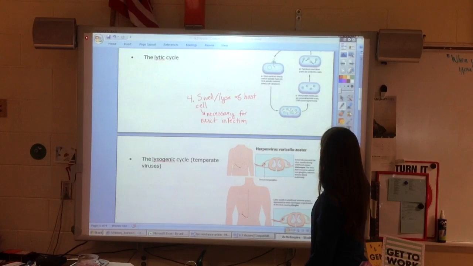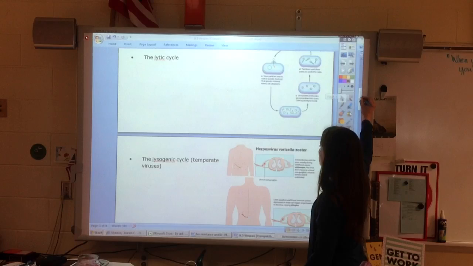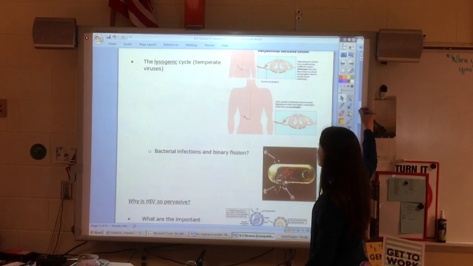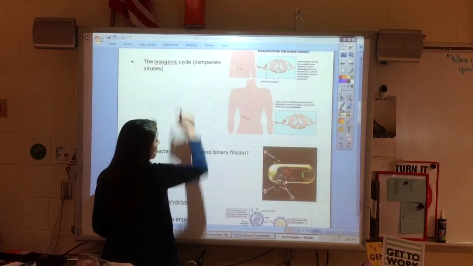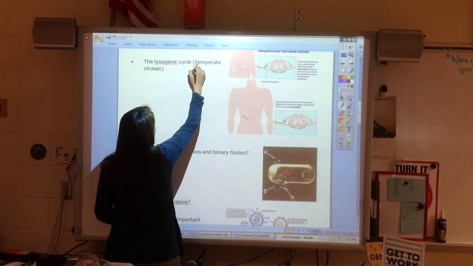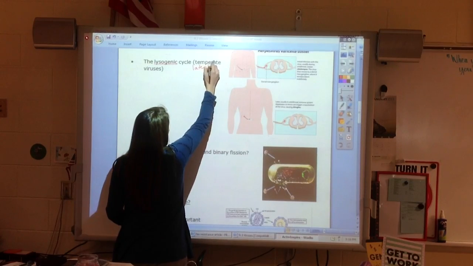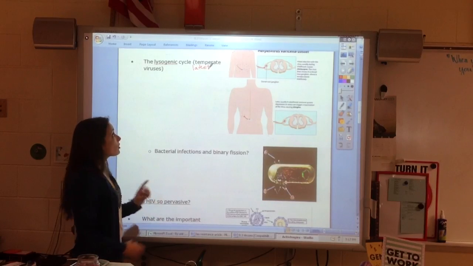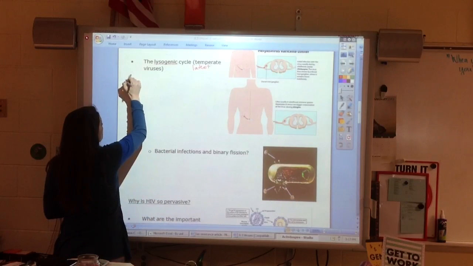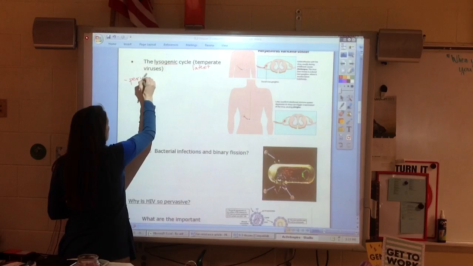Next we want to look at another group of viruses that are lysogenic. And lysogenic are also called temperate viruses, or sometimes they're called latent viruses. Now, lysogenic viruses are going to be viruses that have a period of dormancy.